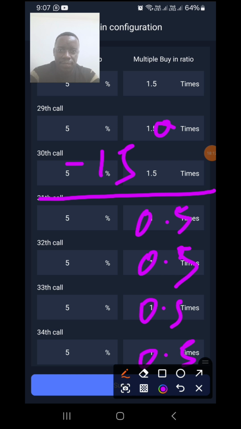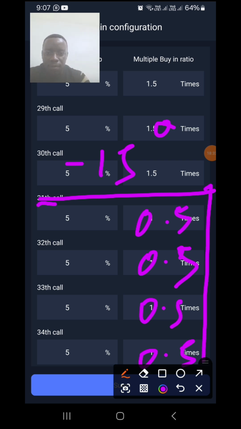Hope we've understood that one. Okay, that is the margin call and drop theory. Up to the 60th margin call, you put 0.5.